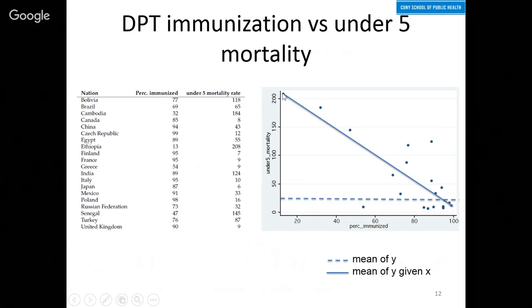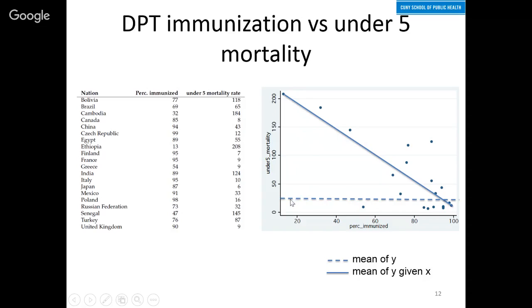If we plot this and just look at the under 5 mortality, you see variation between 7, I assume this is per 100,000, and 208. So that's in Finland to 208 per 100,000 in Ethiopia. And you see that variability here in the scatter plot, but using DPT immunization on the x-axis does account for a certain amount, but not all of this variability.